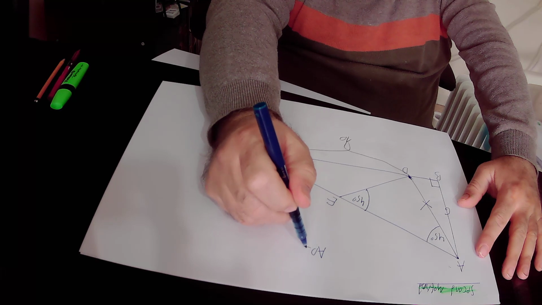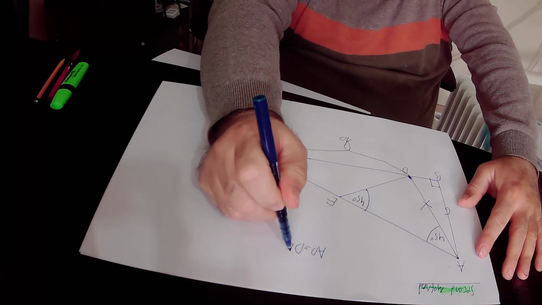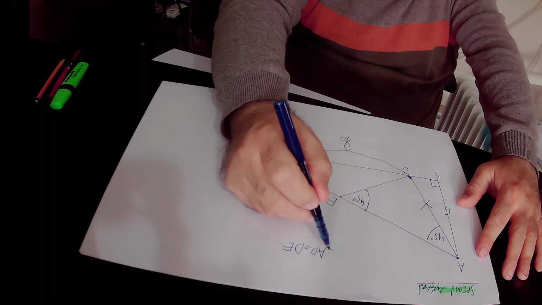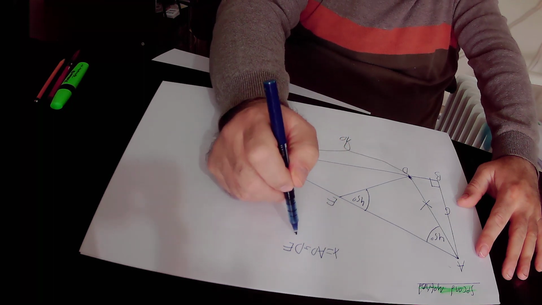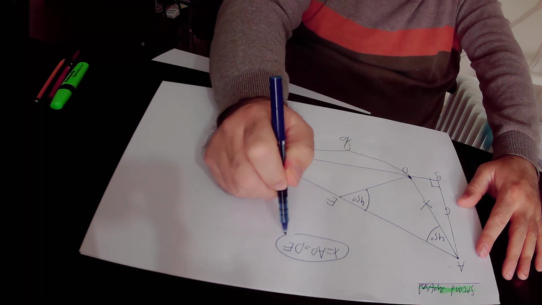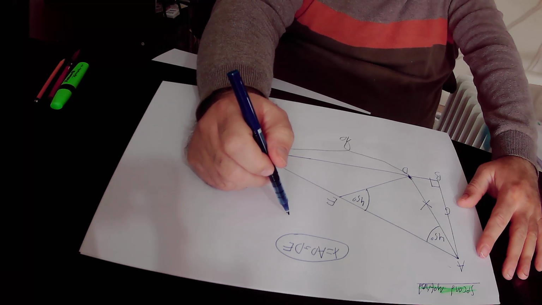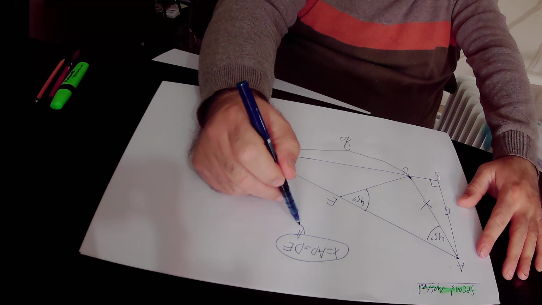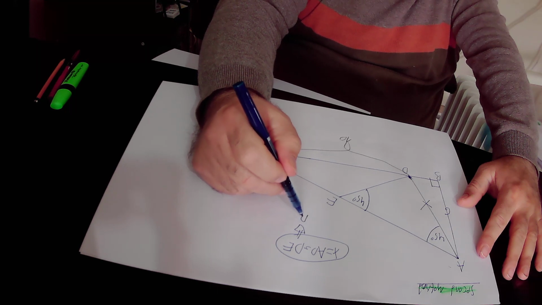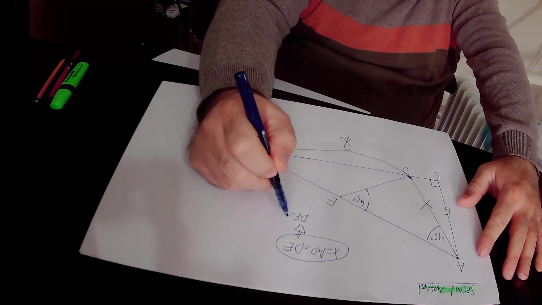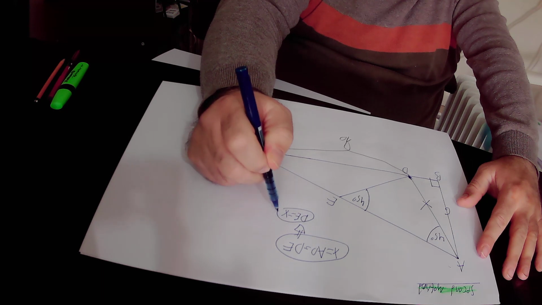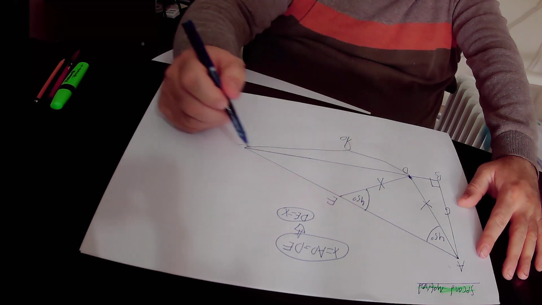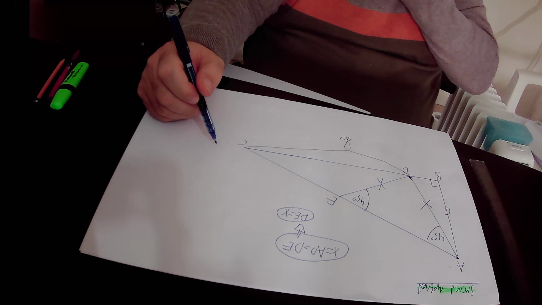But AD equals X according to what is given in the equation. So from X equals AD equals DE, we derive that DE is also equal to X.